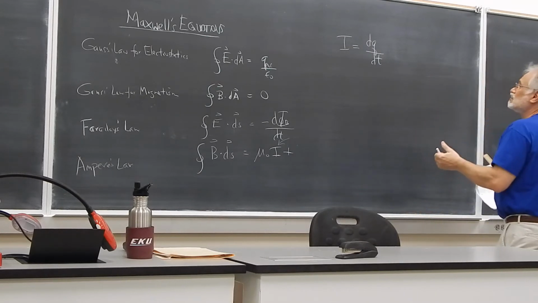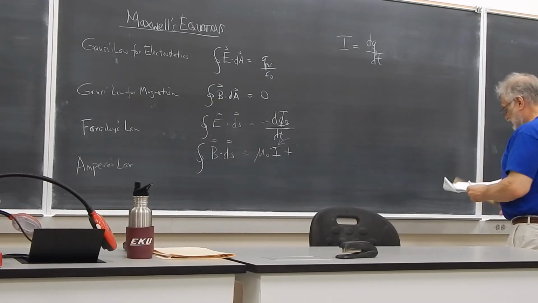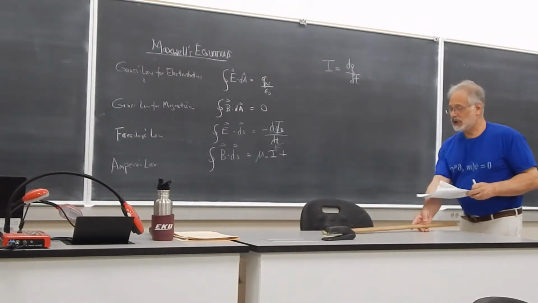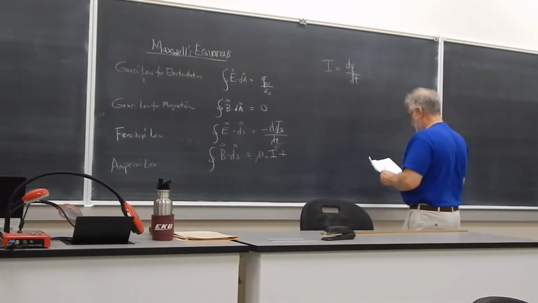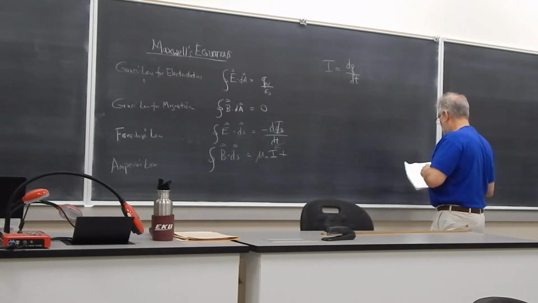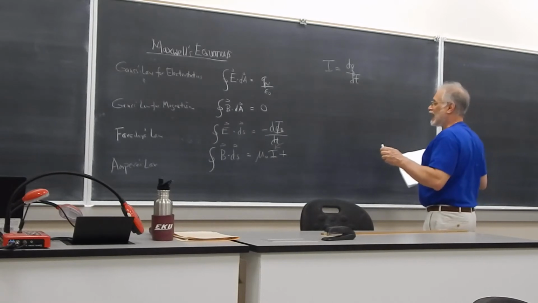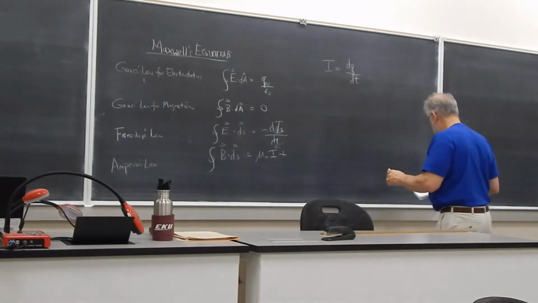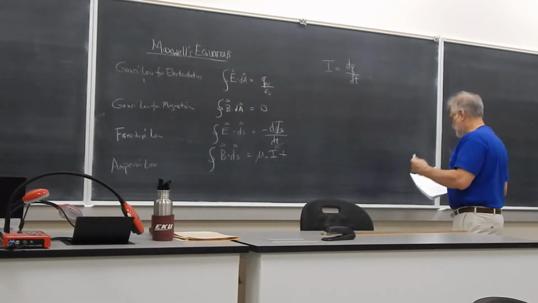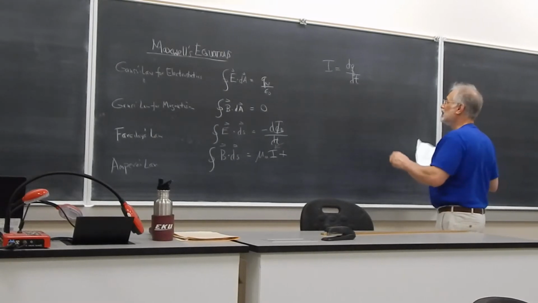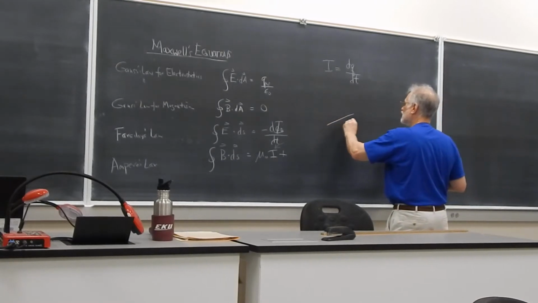And this is the usual manner that we think of a current. But this only works for electric fields that are constant in time. What we want to do is modify Ampere's law for a case where electric fields are changing in time. And here's how we might do it.